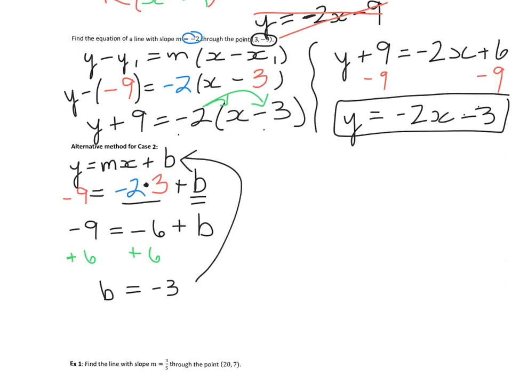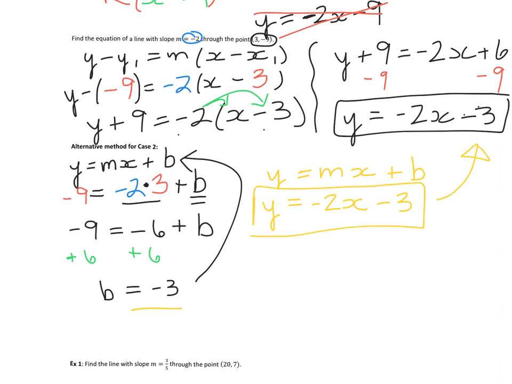So final answer, y equals, we know m was given as -2. And then we just figured out our b. Our b is -3. All right, so again, we substitute everything in for mx plus b. We had to figure out what b was. And notice it's the same answer as before.